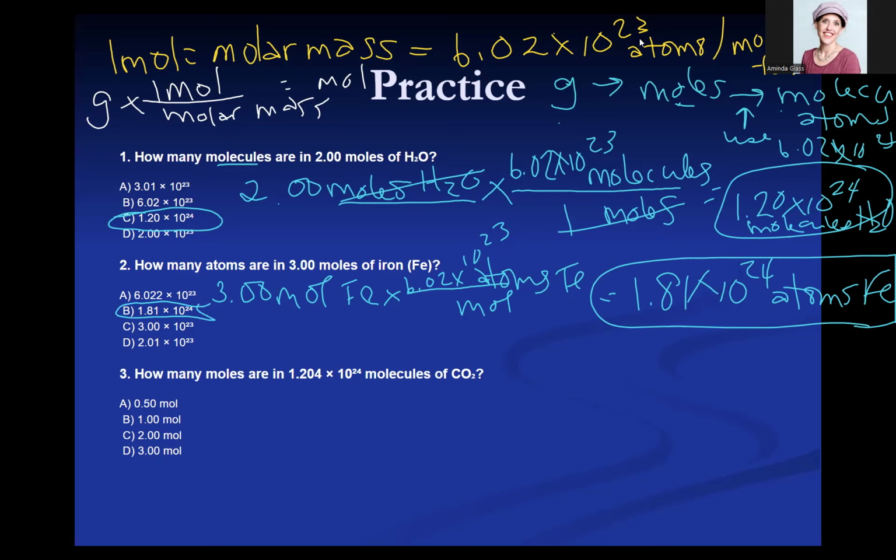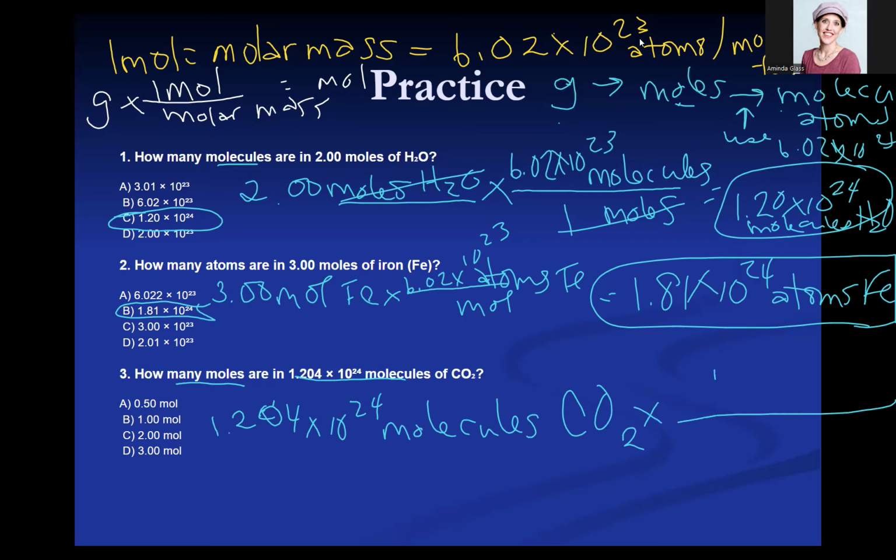Okay, let's look at 3. How many moles are in 1.204 times 10 to the 24th molecules? So we're going backwards here. So to do this one, we start with what we're given, 1.204 times 10 to the 24th molecules of carbon dioxide times, I want moles.